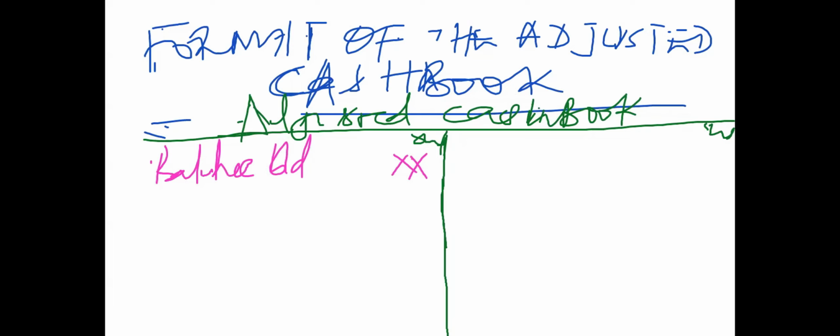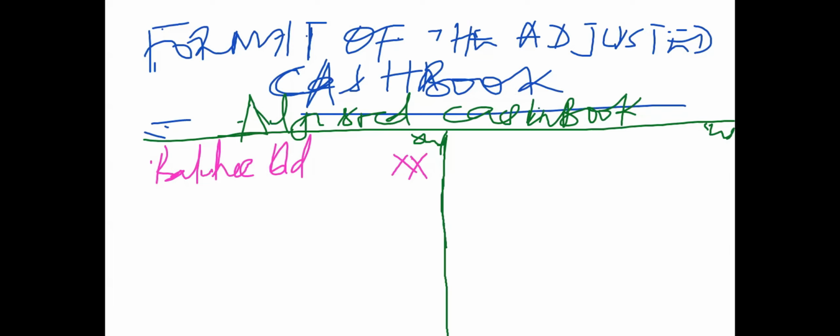And the next thing to do is to go through the factors or the reasons that caused a difference, and you find out which ones were from the cash book. What we are trying to do is adjust the cash book to get the correct balance for the cash book.